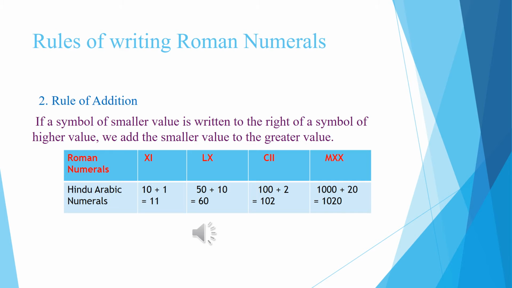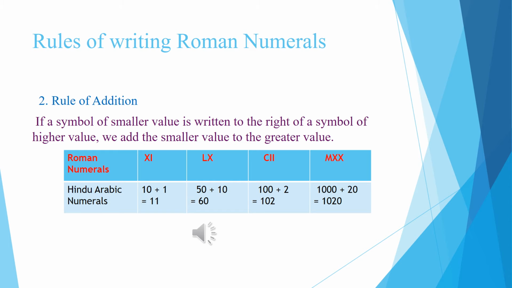Since 1 is smaller than 10 and it is to the right side of 10, 1 is added to 10. Therefore, the value of XI will be 10 plus 1, which equals 11.